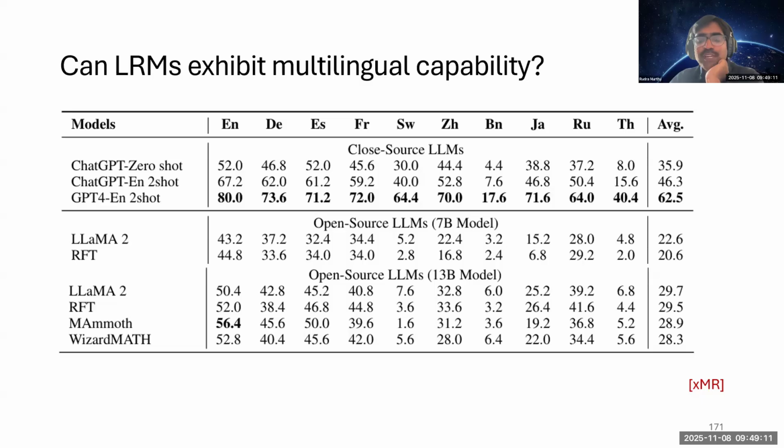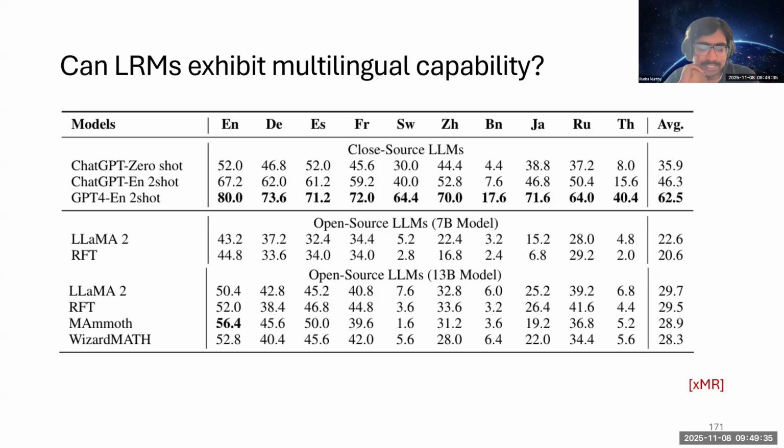At the same time, if you look at very low resource languages like, say, Bengali, you see the performance significantly drops from 80 to 17.6. So these closed weight models or frontier models do exhibit multilingual reasoning for high resource languages. However, when we look at very low resource language, the reasoning capability is hampered.